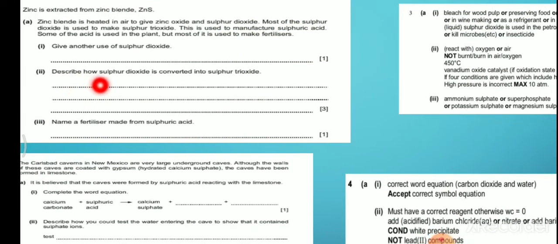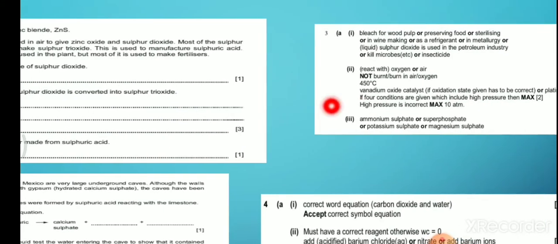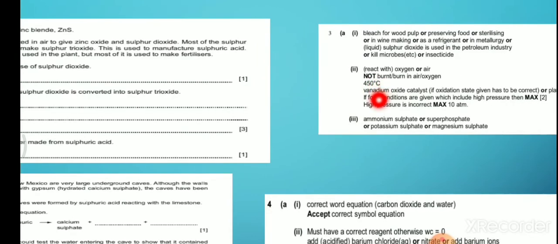Next question is, describe how sulfur dioxide is converted to sulfur trioxide. As this question is for 3 marks, you have to elaborate it.